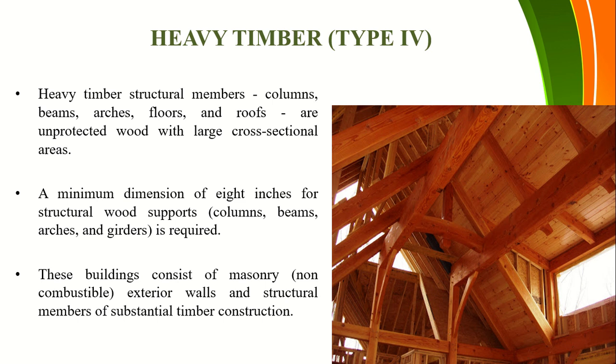So whatever beams, columns, arches we are constructing, all are with wood of minimum 8 inches dimension. And obviously these buildings consist of non-combustible exterior walls, but the interior members will be made up of heavy timber.